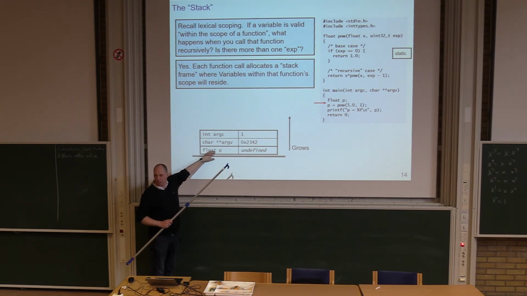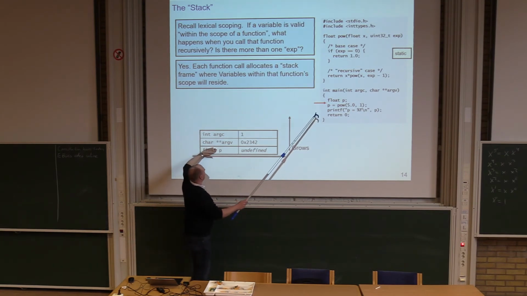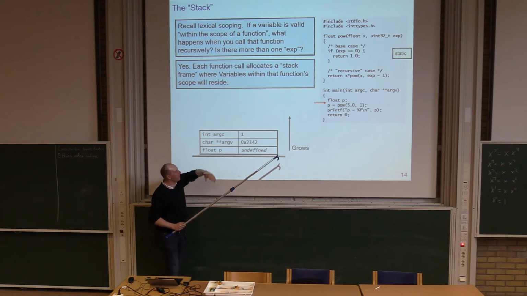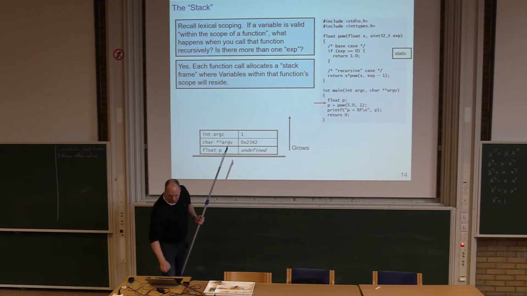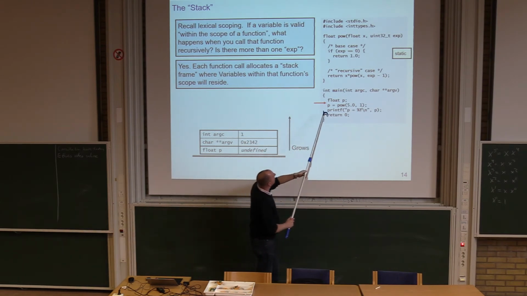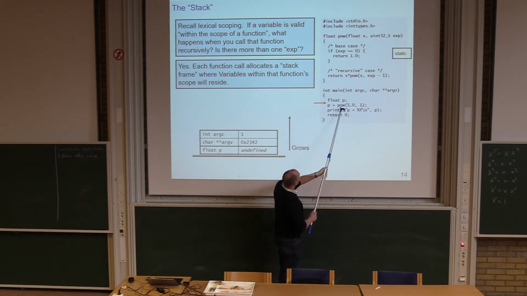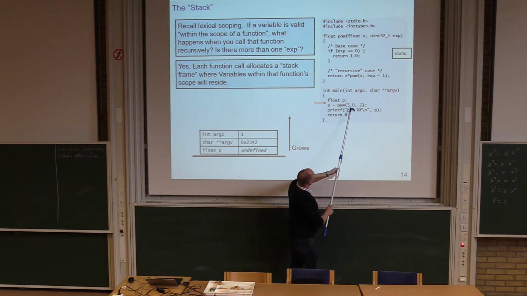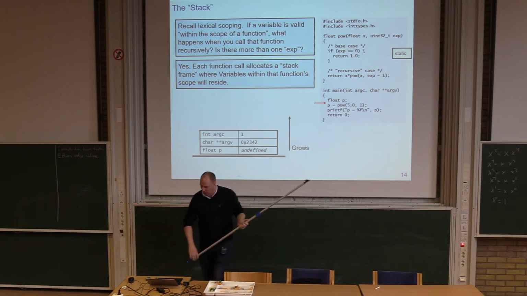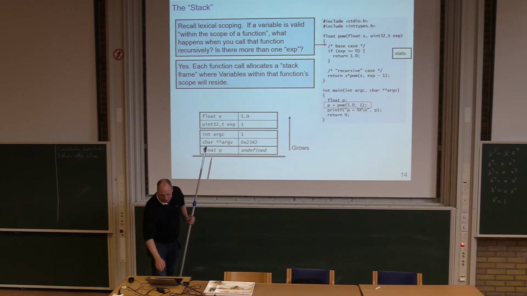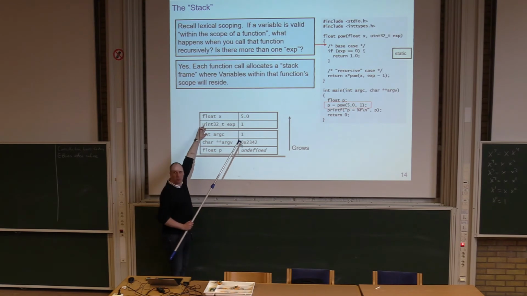So p will be put as a variable on the top of the stack, and then argv and argc will then be put on top of this stack. And if we now try to call another function, the function pow with the two arguments 5 and 1, what we will then do is put these two on top of the stack.